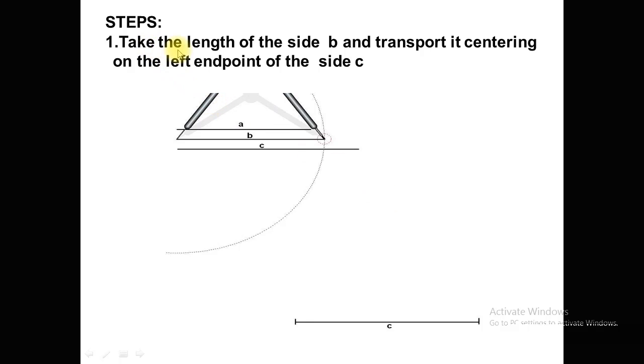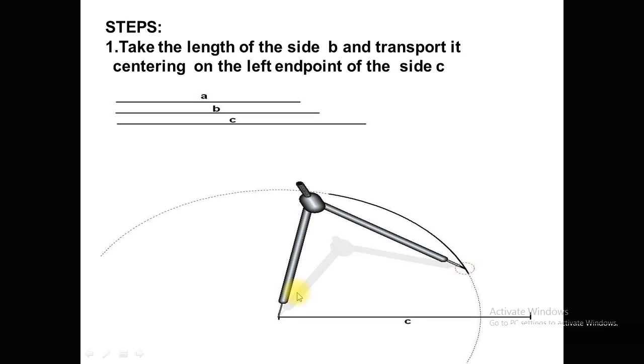Now take the length of the side B and transport it centering on the left end point of the side C. This sentence means that open the compass about the length of side B and put the compass at this point of side C. Now draw the arc.